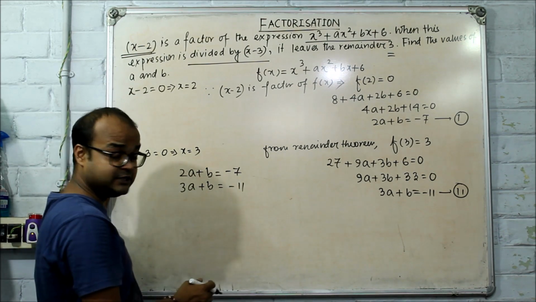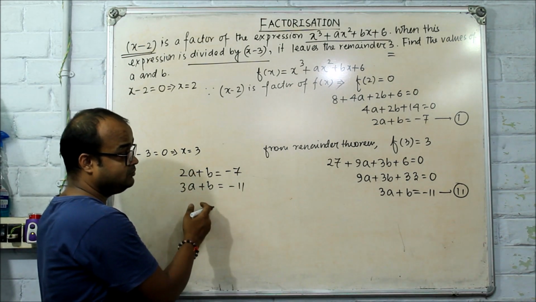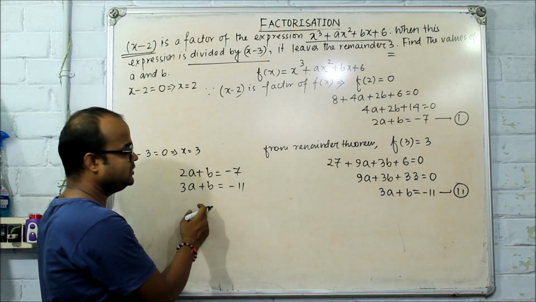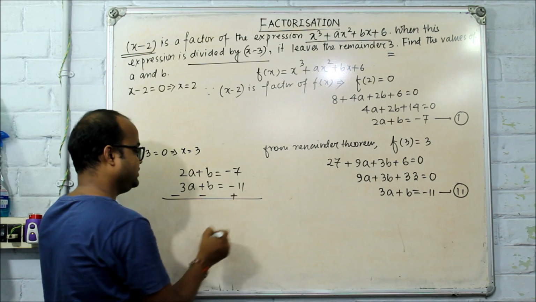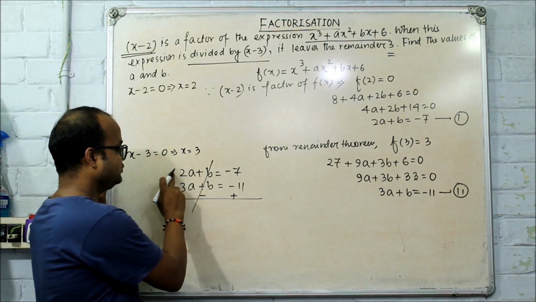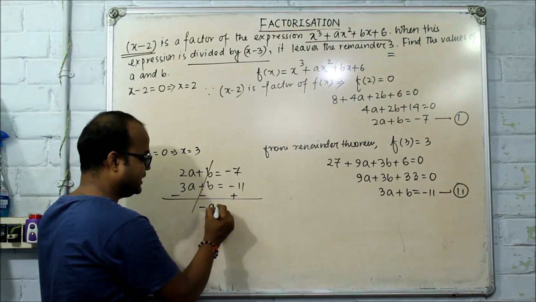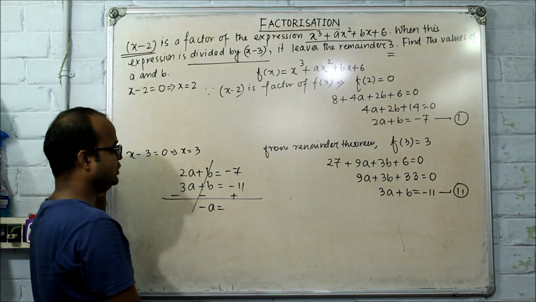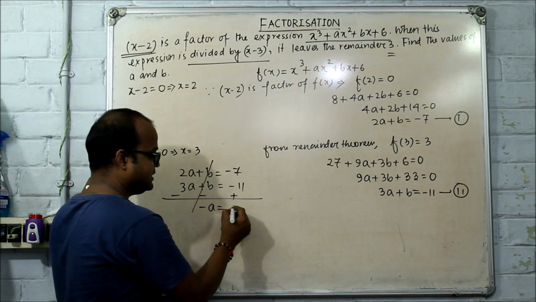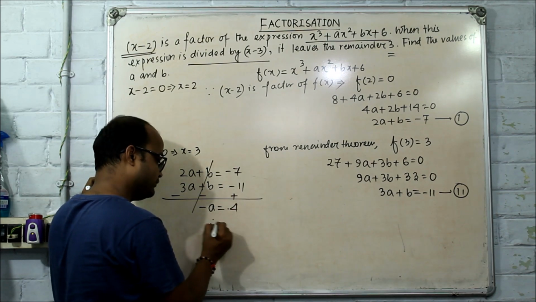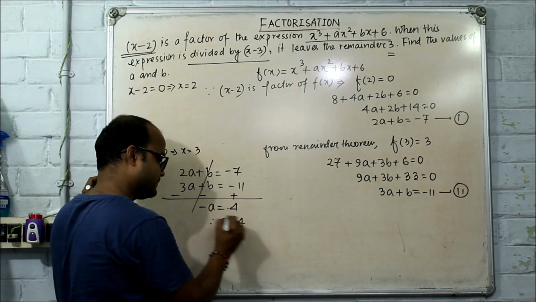I am going to solve this problem by the elimination method because b is the same. So just simply subtracting, it will cancel b. So 2a minus 3a is equal to minus a, and minus 7 plus 11 is equal to 4. So therefore a is equal to 4.